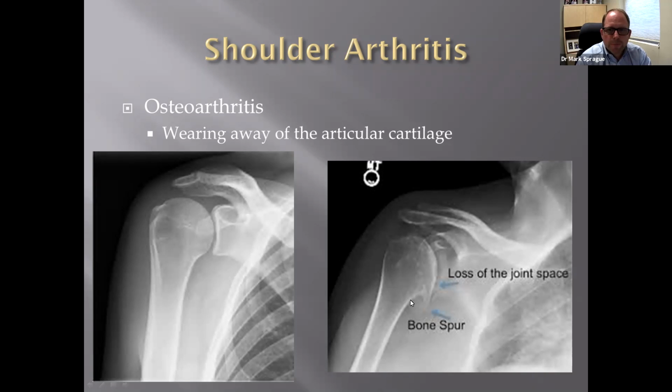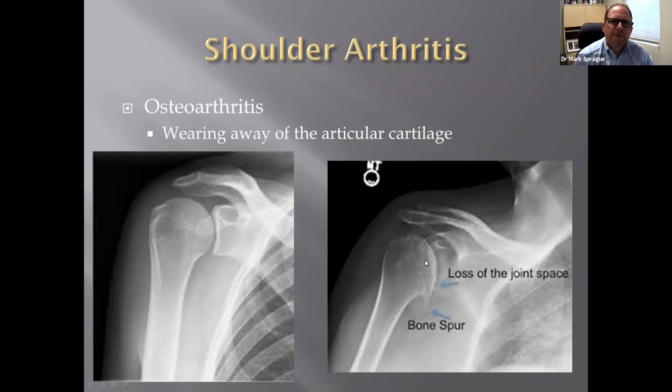You get bone spurs that form because whenever bone is under increased pressure, bone reacts by making more bone. So you'll get bone spurs that form. You can get flattening of that humeral head. You'll get loss of that space, which is really actually cartilage. And this is what a shoulder with osteoarthritis will look like.